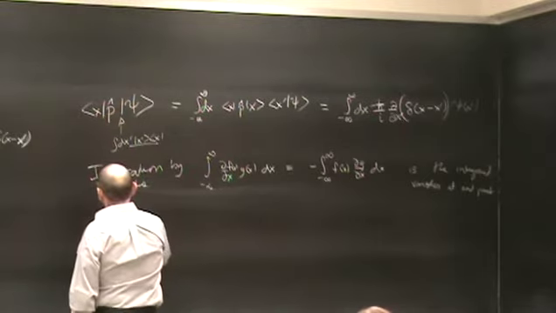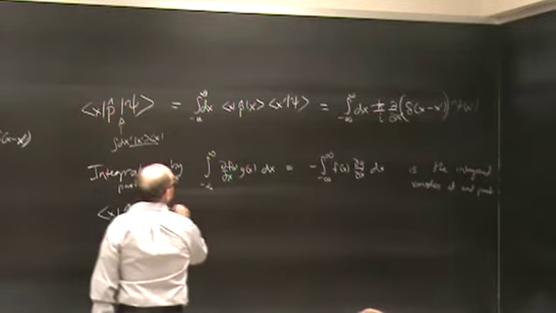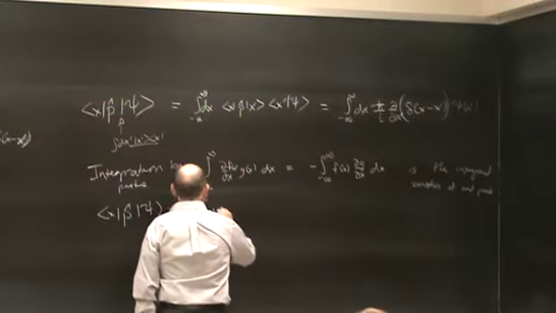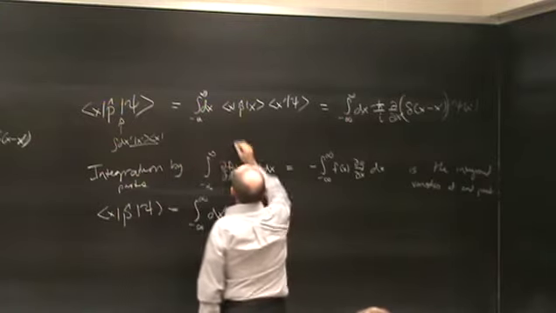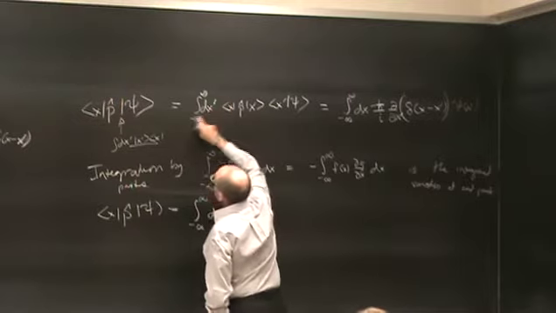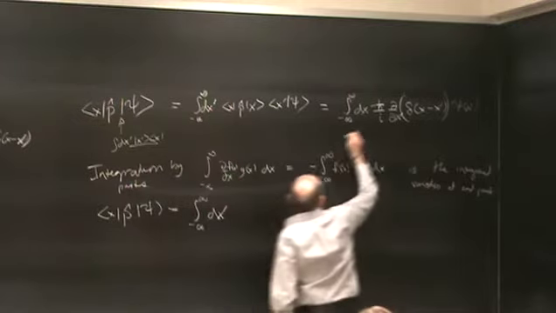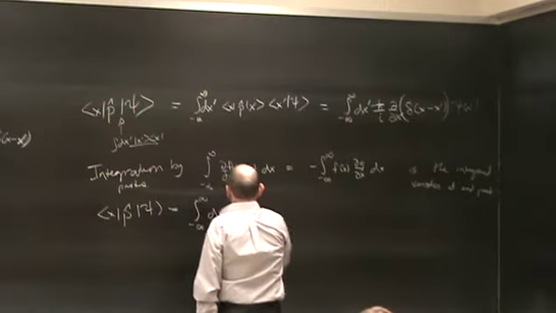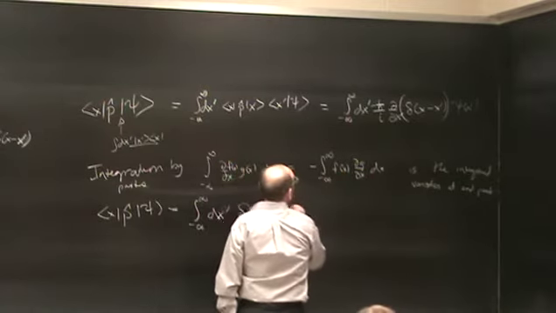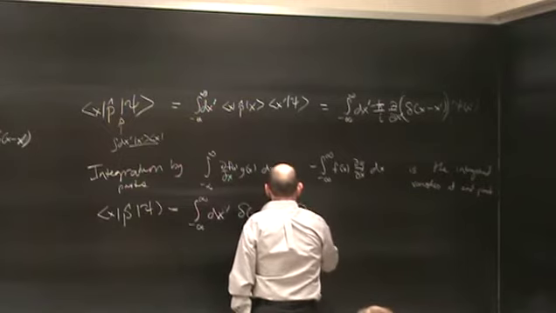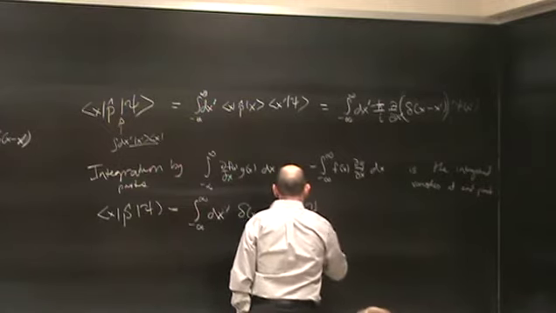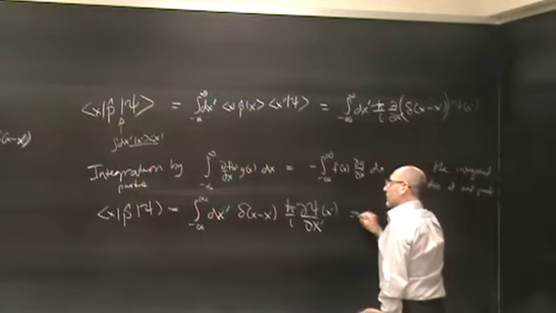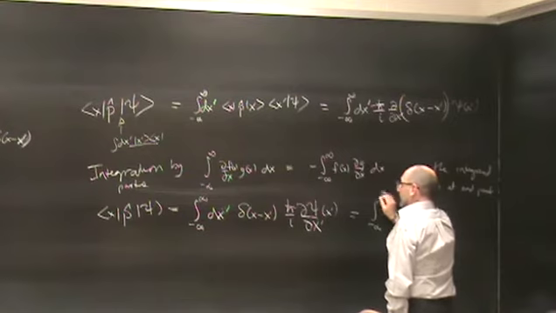So that says this is equal to, with a plus sign now, the integral dx prime, that's my dummy variable, of delta of x minus x prime, h bar over i, partial x prime. And now, doing the integral, that says x equals x prime.